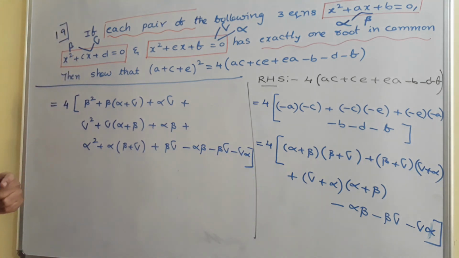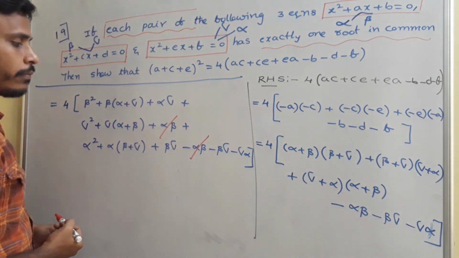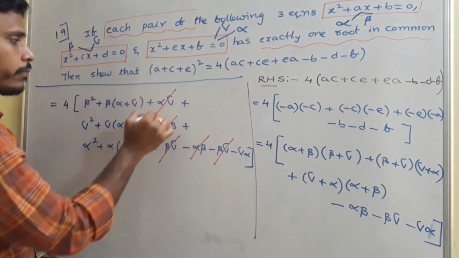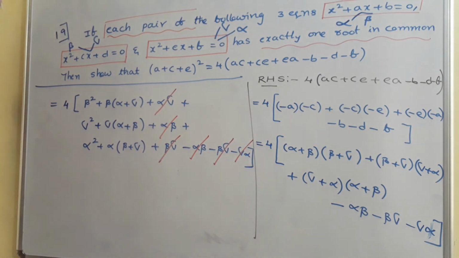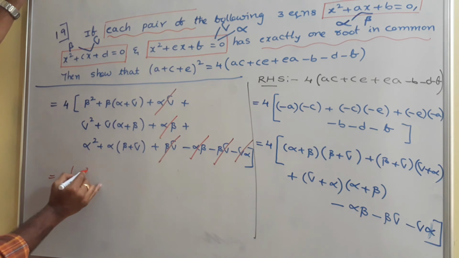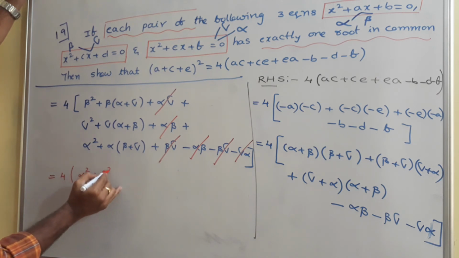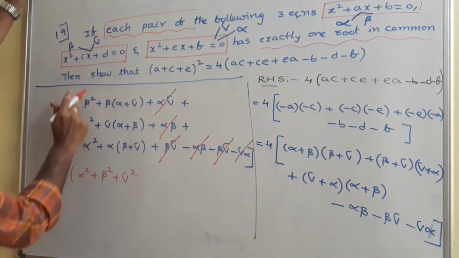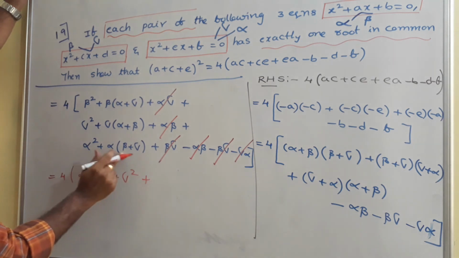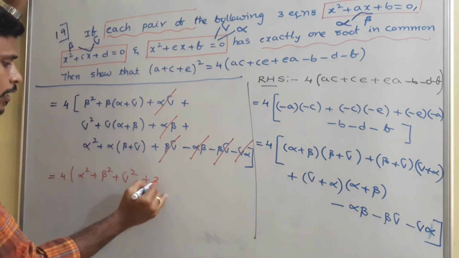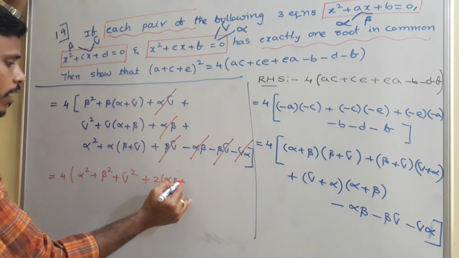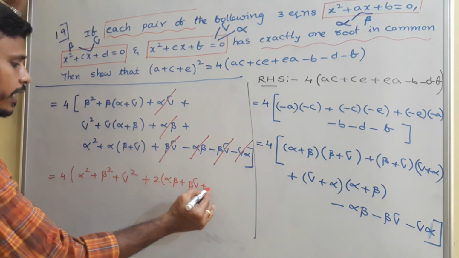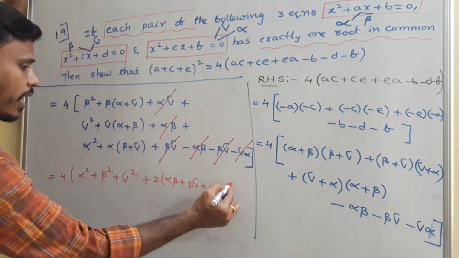So further we need to simplify. Okay. So this is simply nothing but 4 times of alpha square plus beta square plus gamma square. These three plus alpha beta and alpha beta. That means we have 2 times of alpha beta plus beta gamma plus gamma alpha.